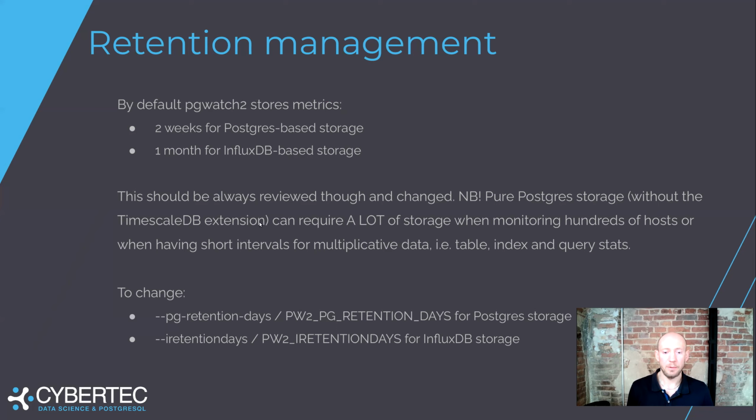So when setting up PGWatch2, always review and tune those parameters for your needs. And then PGWatch2 will take care of the rest, meaning when some partitions are older than 2 weeks, the agent will drop them automatically in the background.